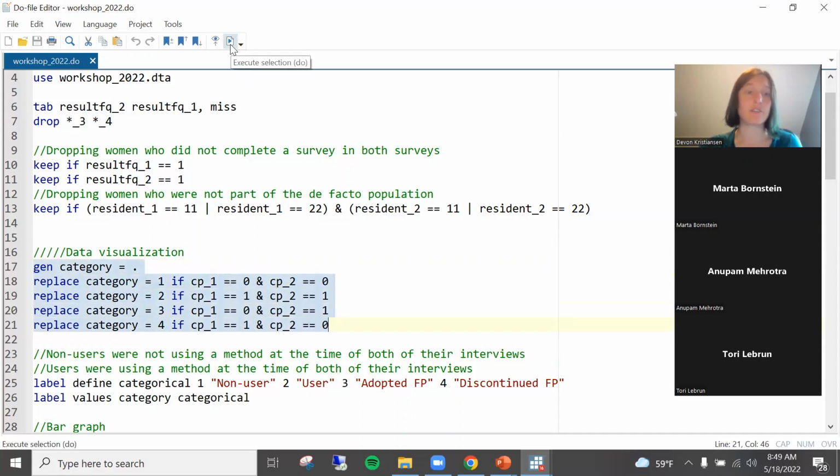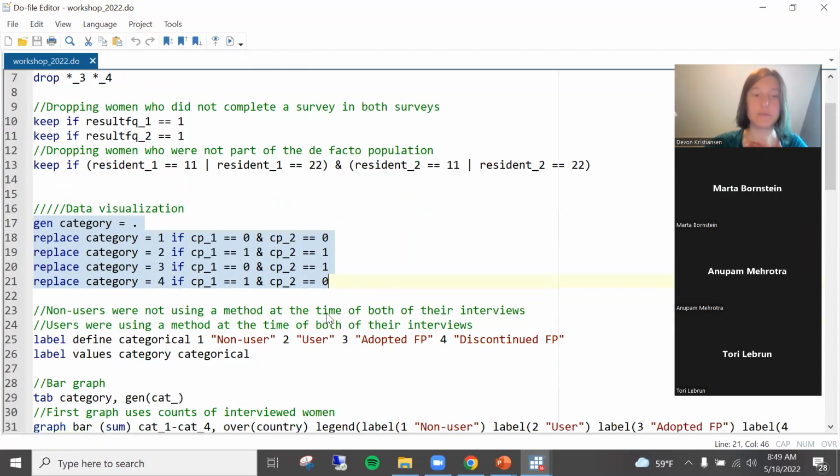And I do want to emphasize that this will not capture women who may have used a method for a short period of time and canceled or discontinued her use before we see it show up, or we might not see women who stopped using between the period but adopted maybe a different method later on.